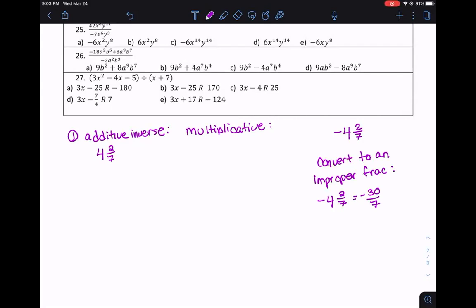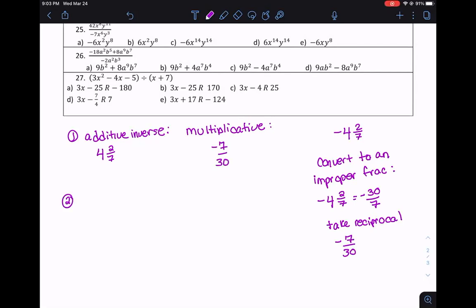You then take the reciprocal, which means you flip the fraction, and the answer would be -7 over 30. So the additive inverse would be 4 and 2/7.